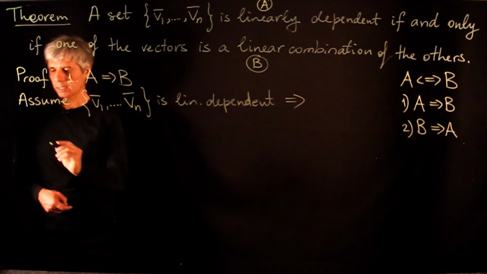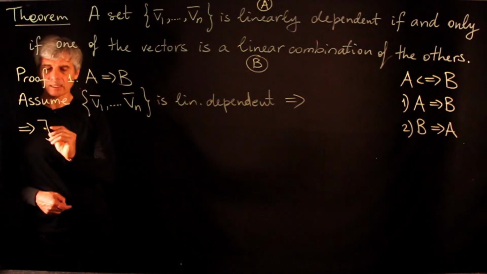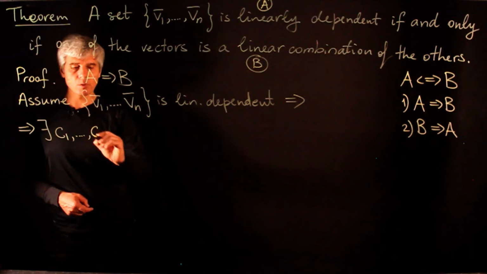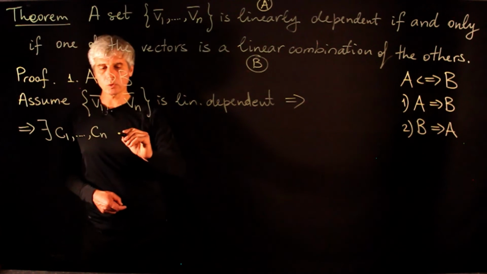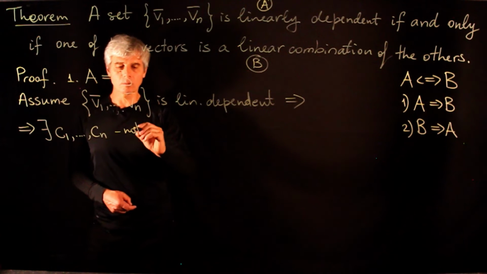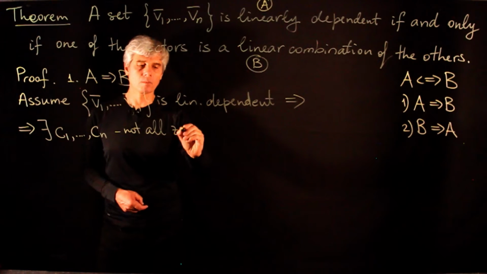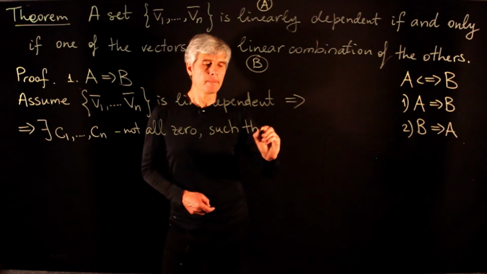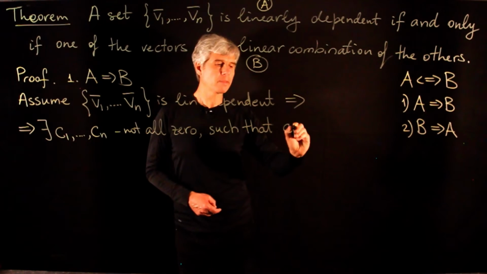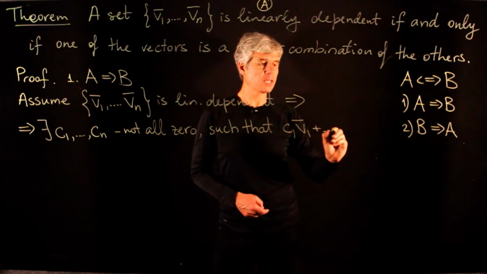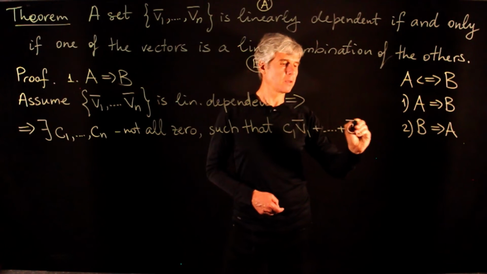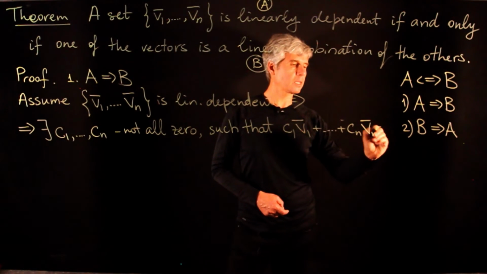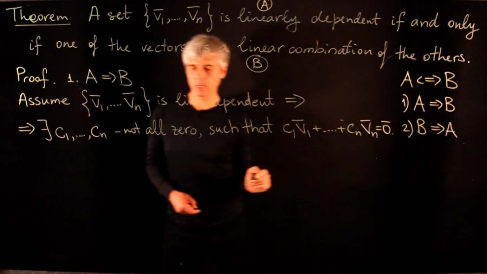This means that there exist scalars C1 through Cn, not all zero, such that C1 V1 plus ... plus Cn Vn is equal to a zero vector.